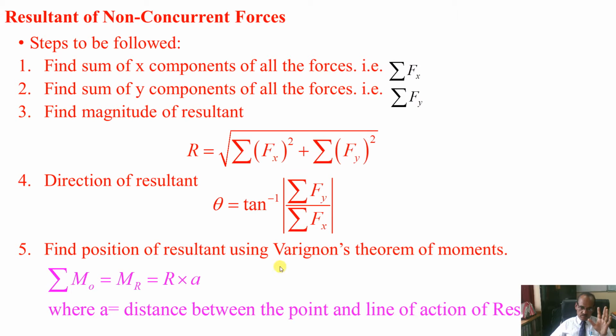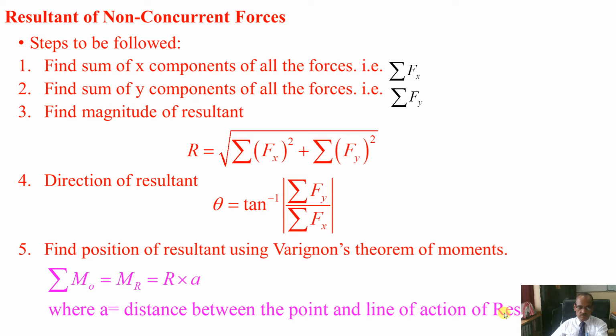Varignon's theorem and the concept of moment we already discussed when we studied the resultant of parallel force system, that is, summation of moment of all forces will be equal to moment of their resultant about the same point, where R into a is the distance between the point and the line of action of the resultant. Okay, so these are the steps which we are going to follow when we calculate the resultant of non-concurrent forces.